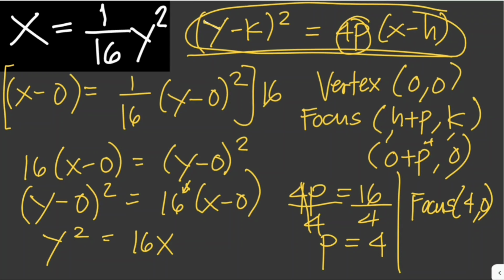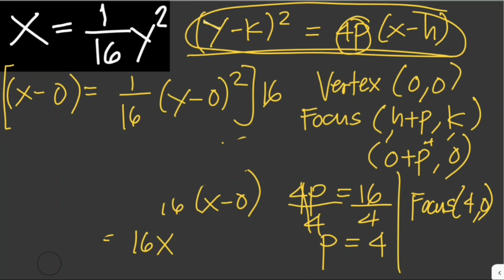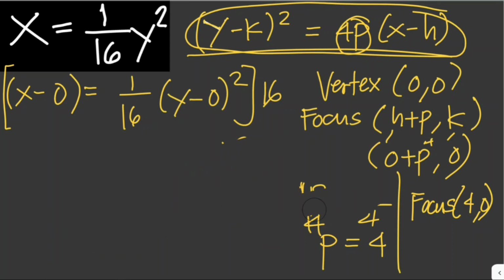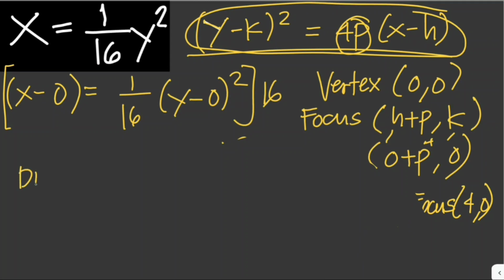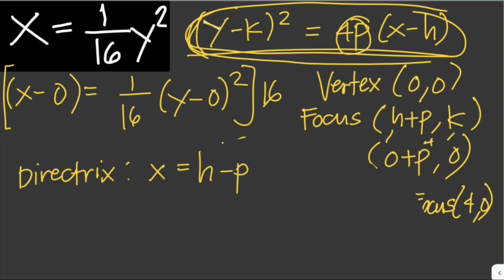And for the directrix, the equation would be x equals h minus p. Since the equation of our parabola is in this form, the directrix is this one. So that would be x equals h, which is 0, minus our p, which is 4.